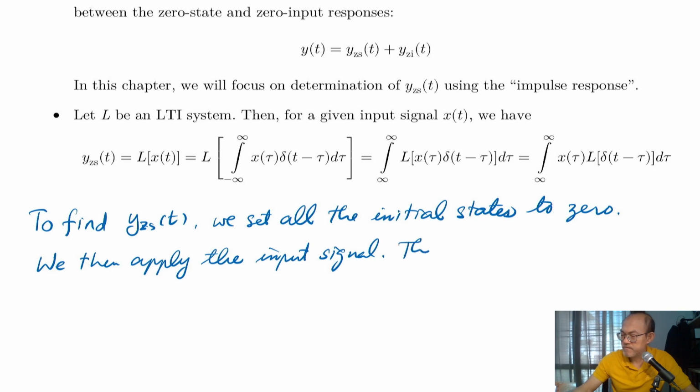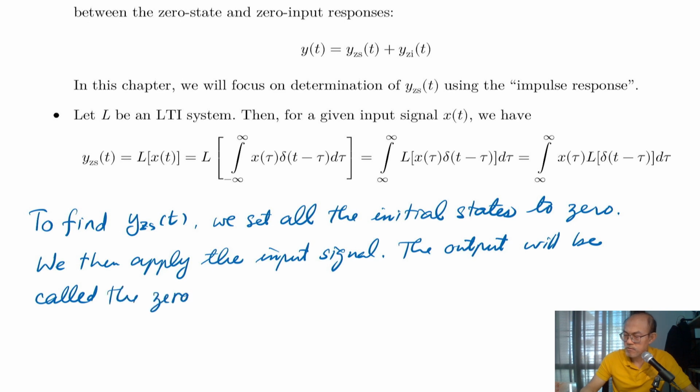The output from the system will be called the zero state response, or YZS of t.